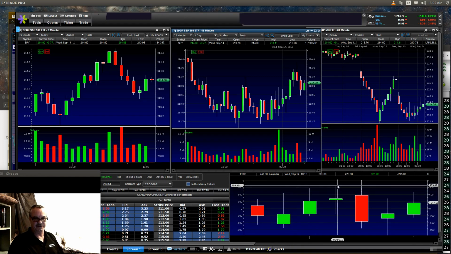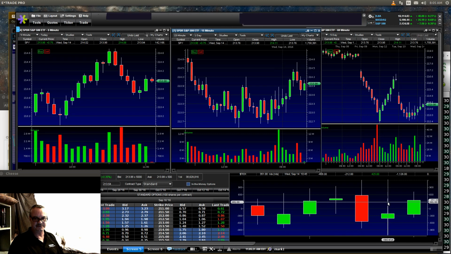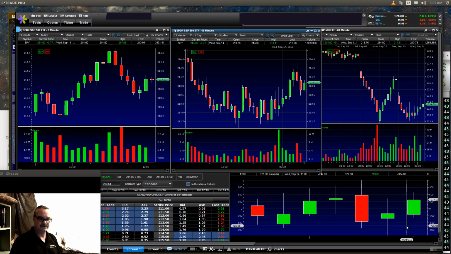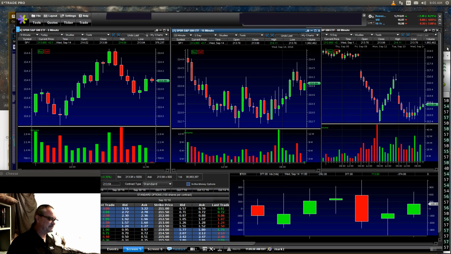We were putting in higher highs on the ticks, and then this one here, this is where all bets are off. We're putting in a lower low on a tick, and now we're just going to step back and see what kind of opportunity we can get out of the market today, if any. One thing you don't want to do is try to push a trade. You don't want to force yourself to trade.